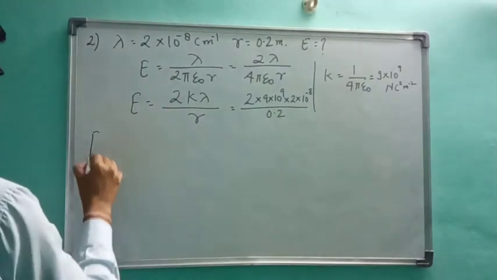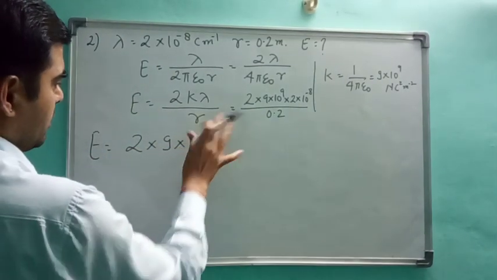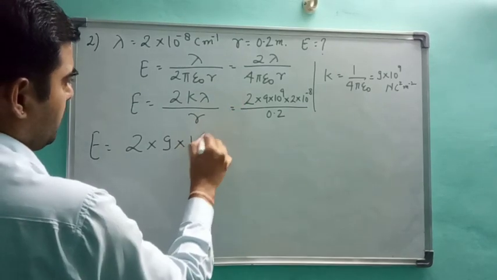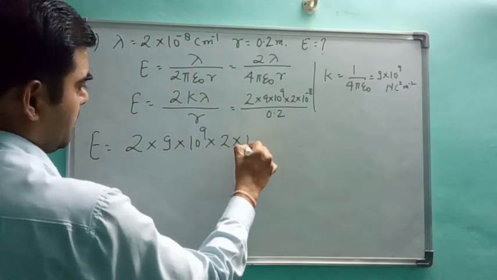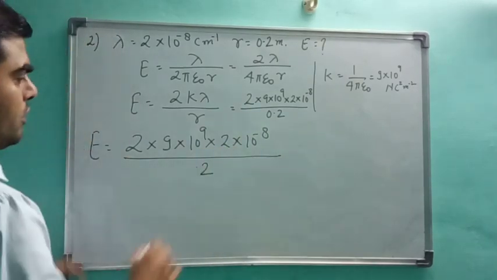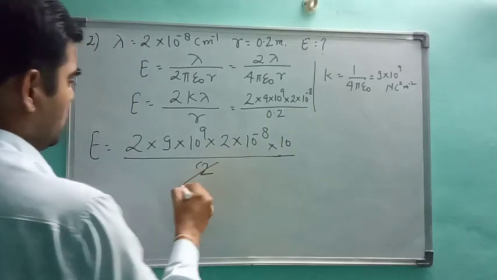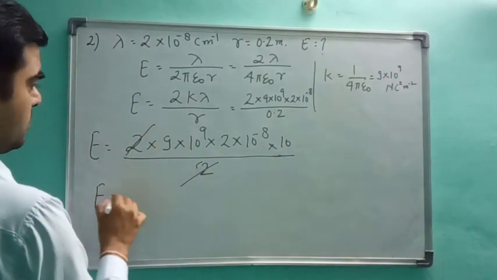Now the decimal is removed and the 2s cancel out.